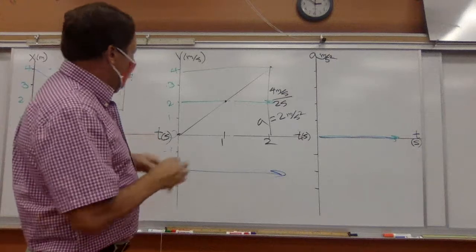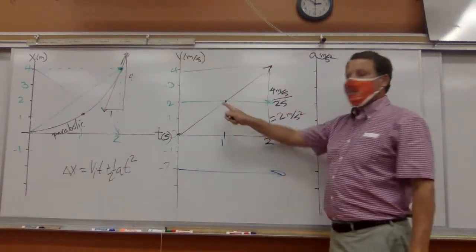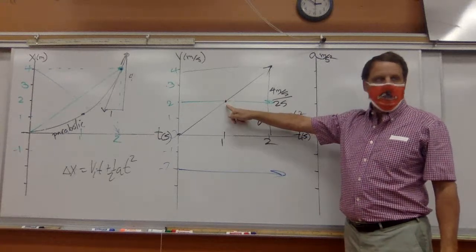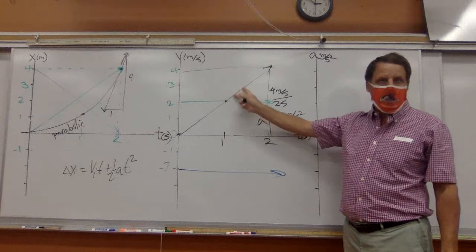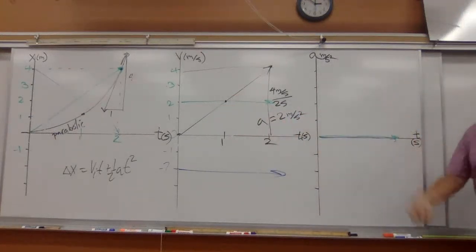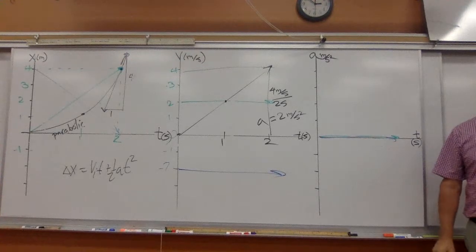All right, so if we want to graph this velocity versus time line here on an acceleration versus time graph, what is it going to look like?